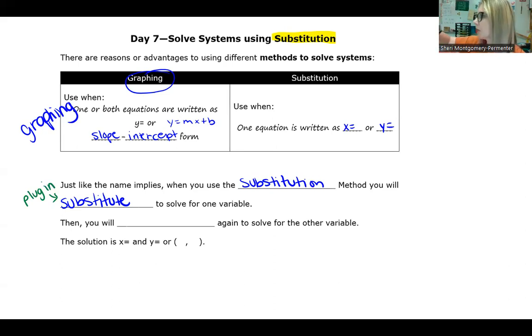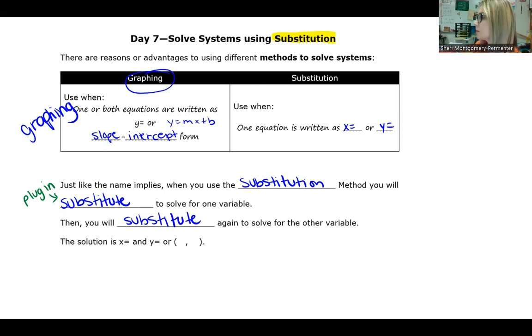We're plugging something in. That's substituting. Then you will substitute again to solve for the other variable.